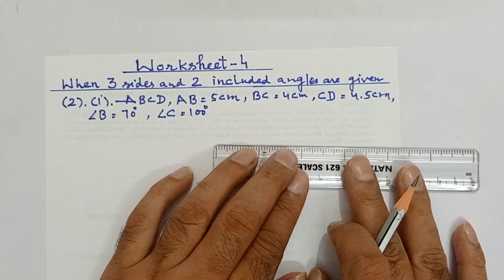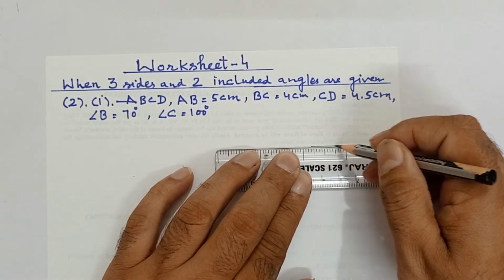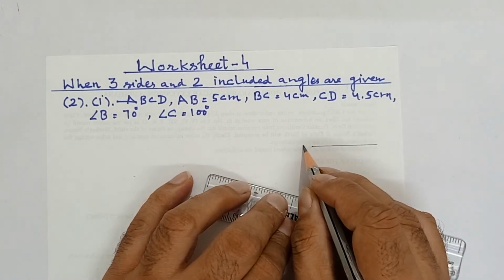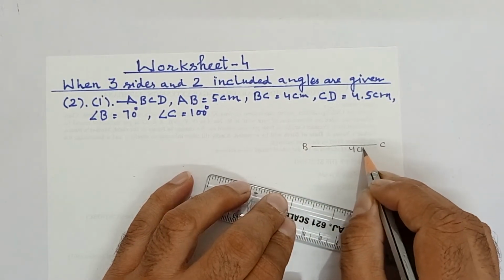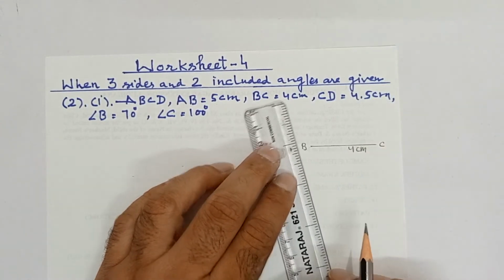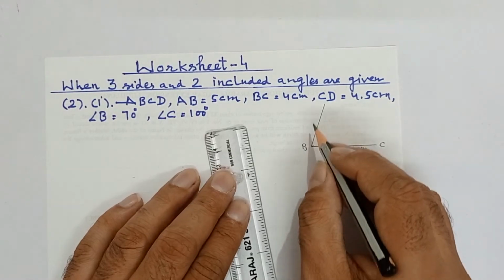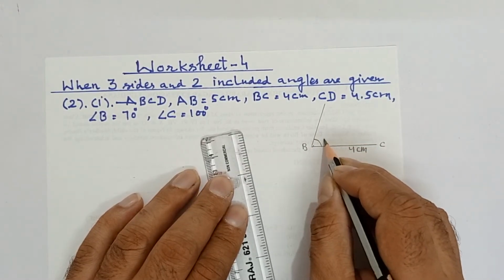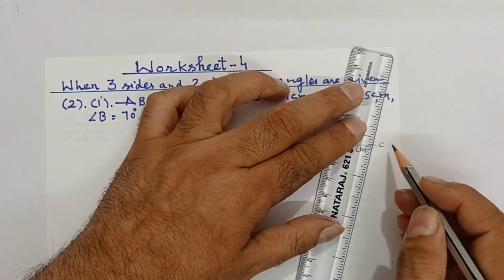I am going to draw the rough sketch of this. This is BC. 4 centimeter we will take. This is the rough sketch only. BC 4 centimeter. Now angle B is of 70 degree, so it will come slightly inward. This is 70 degree, and angle C is of 100 degree.